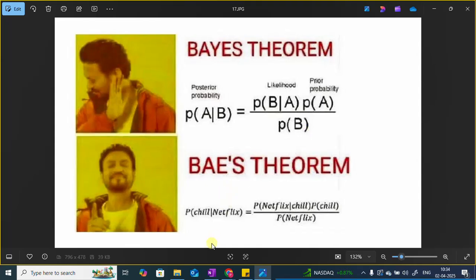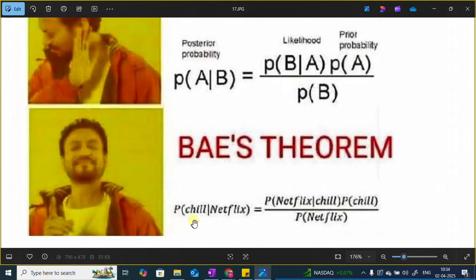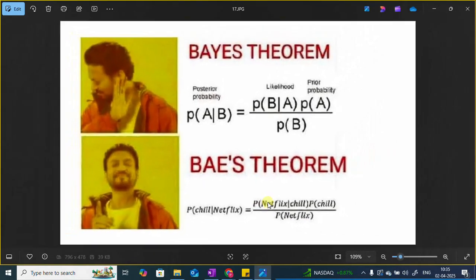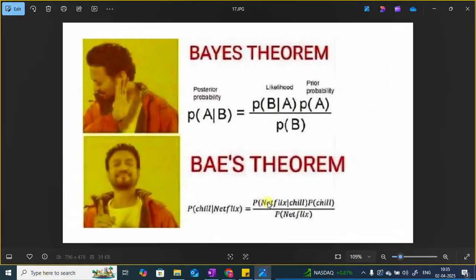Similarly, the probability of chill given Netflix is the probability of Netflix given chill, times the probability of chill, divided by the probability of Netflix. Clear, guys? Any doubts so far?